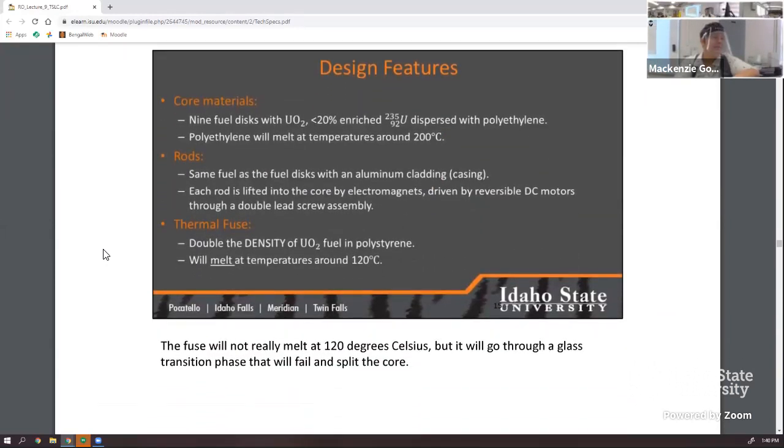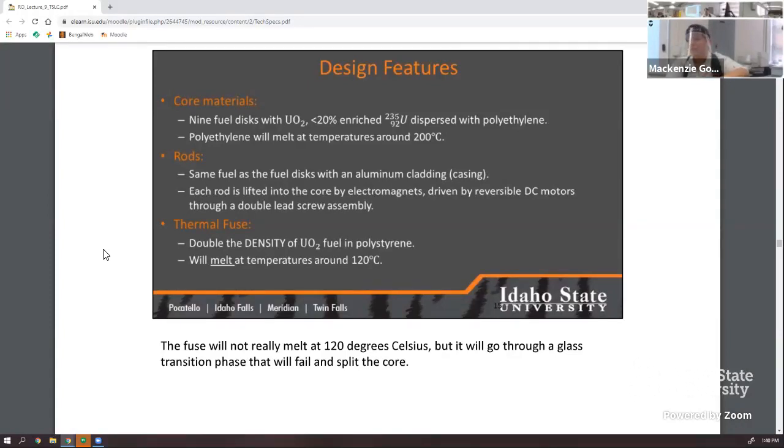Okay. Design features. Our fuel will melt. The rods are going to be lifted by electromagnets, driven by a double lead screw assembly. If there's a loss of power, the electromagnets de-energize, the rods drop.